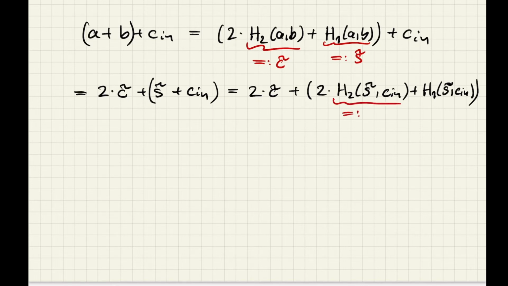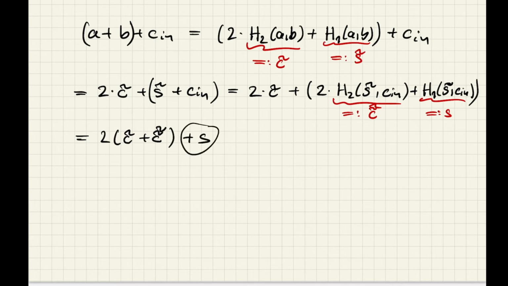I will call this here c tilde tilde, and this here actually gets the name s, because I'm claiming this is the s that we actually want to compute. Now let's rewrite this again. This is the same as 2 times c tilde plus c tilde tilde plus s. So again we have this form where we have here a single bit and here a bit multiplied with 2.